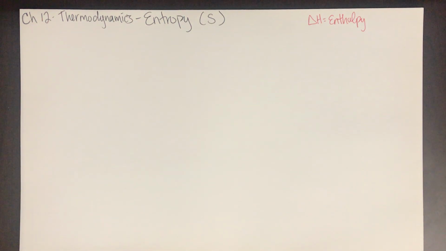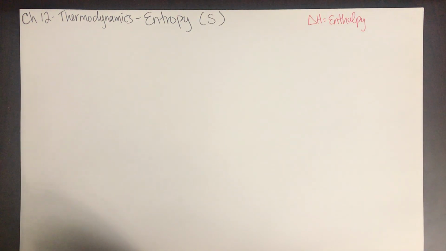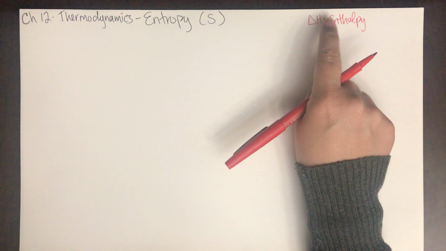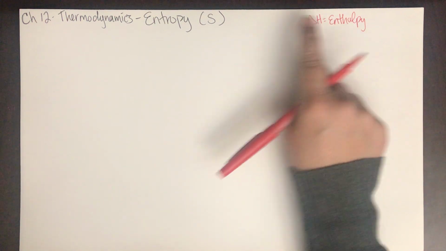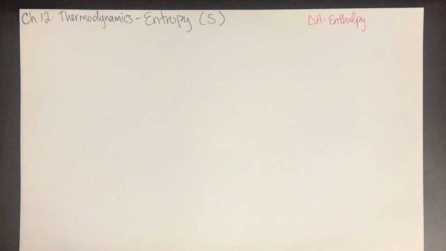And remember, anytime you see a variable that is a capital letter, it means it's a state function, meaning we're not able to measure the absolute amount, which is why we measure the change in it. So we're measuring the difference in enthalpy. We're going to be measuring the difference in entropy, and then another variable that we'll talk about in thermodynamics called free energy.